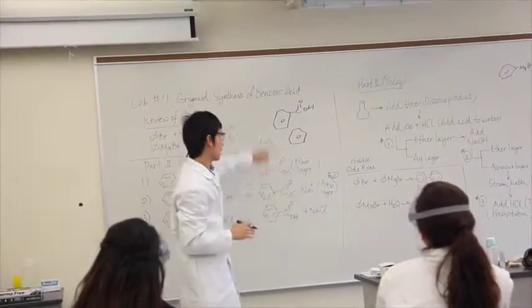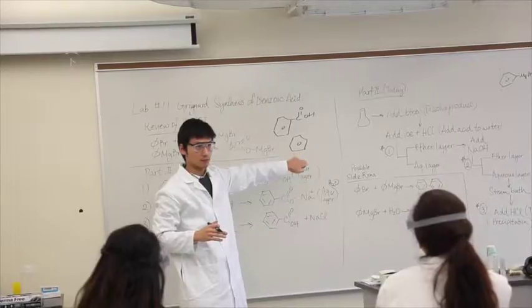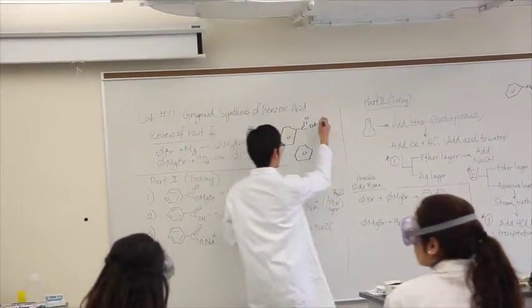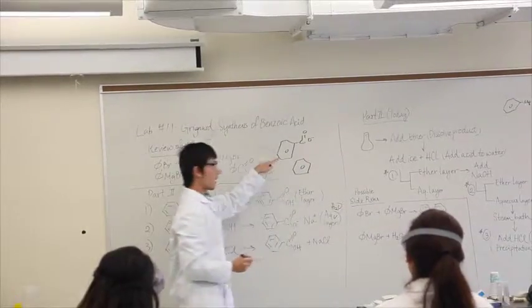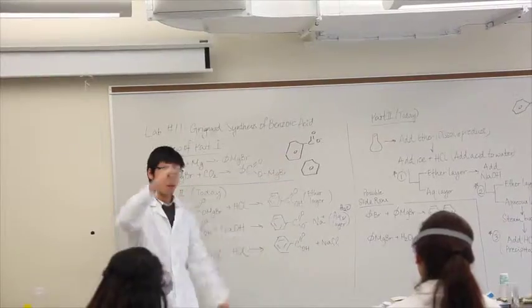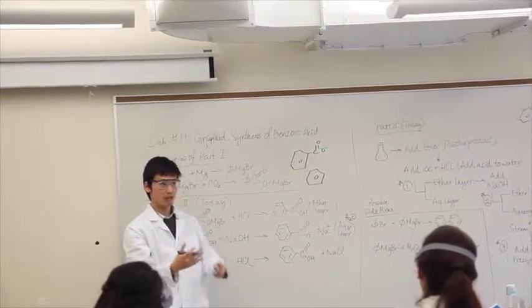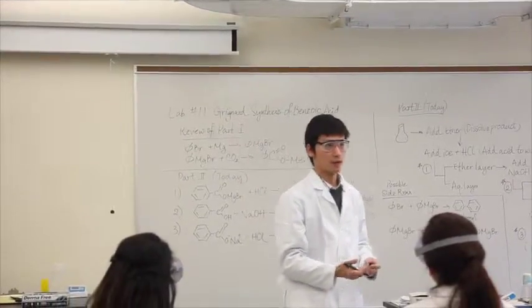So how do you separate this from that in ether? Adding base. Once you add base, you're making this into a charged species. So that one will go into the bottom aqueous layer, and that one still remains on top in the diethyl ether. By doing this, you separate your product from the standard product.